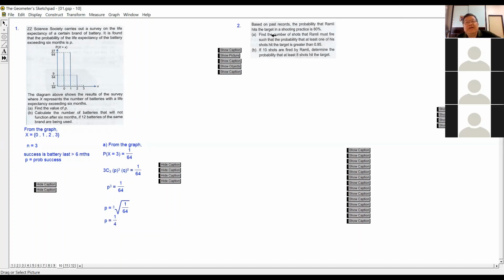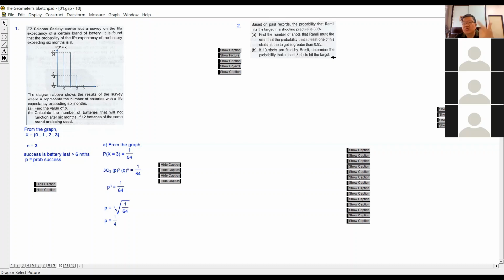Now, they give you one condition. The condition is that the probability of at least one of them hitting the target is 0.95. Probability that at least one of his shots hit the target means at least one must hit the target.